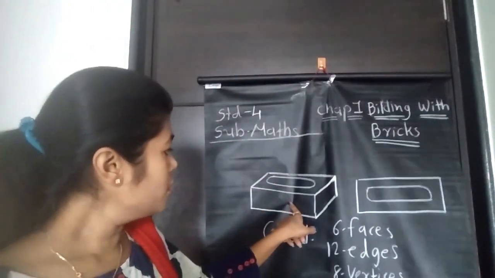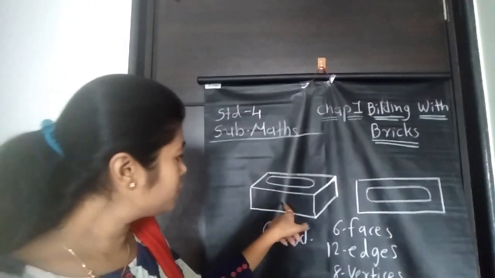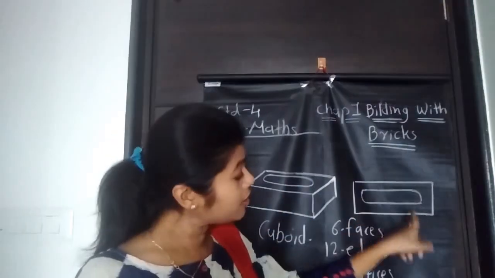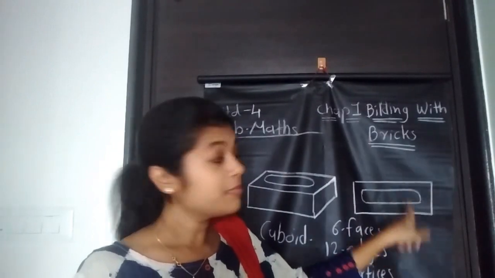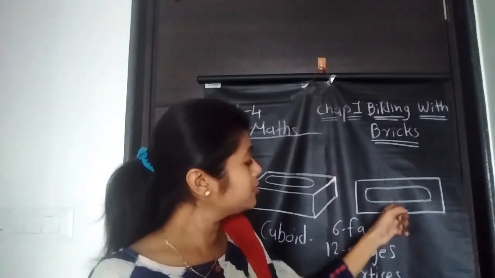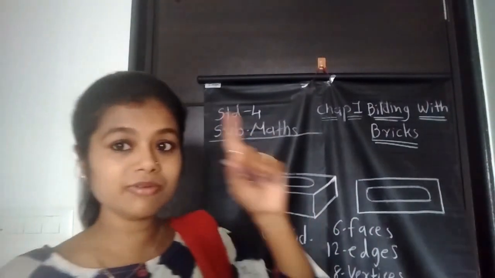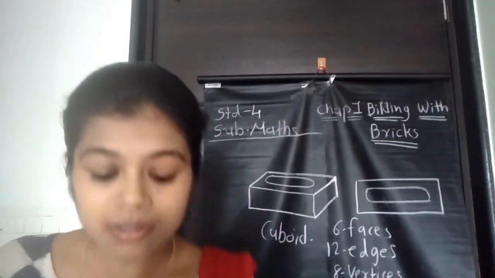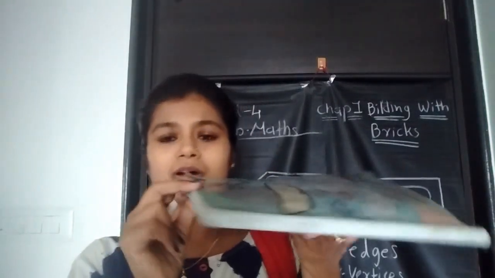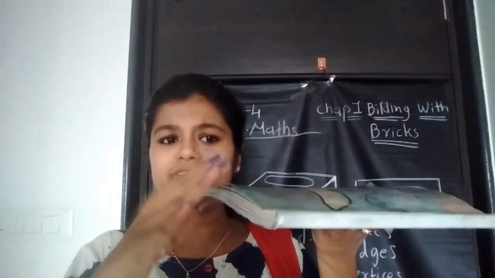This is the view in which you can find the 1, 2 and 3 faces. And in this view, this is also a picture of a brick, but here we can find only one face of the brick. It is a top view of the brick, so that's why we find only one face. For example, assume this is a brick.